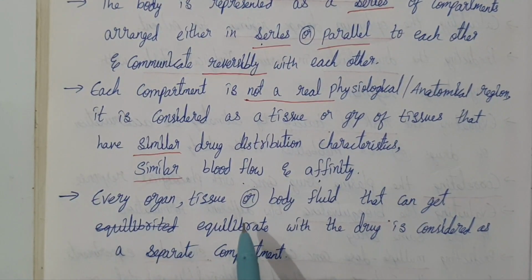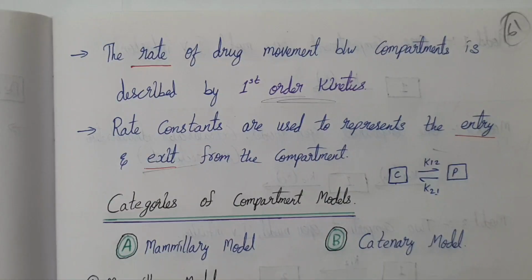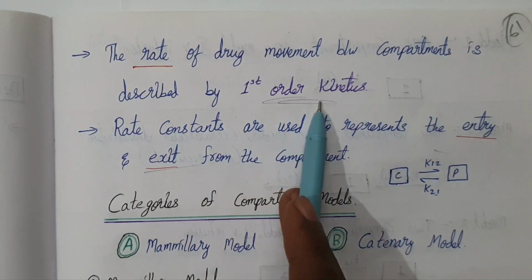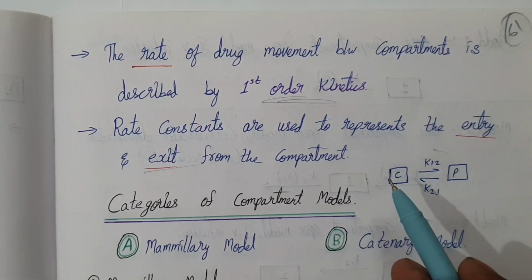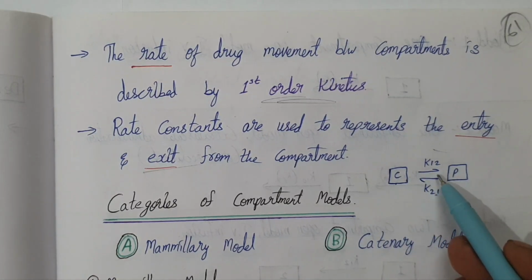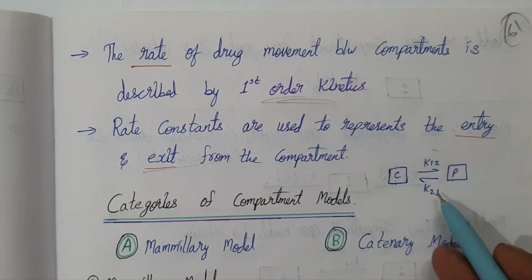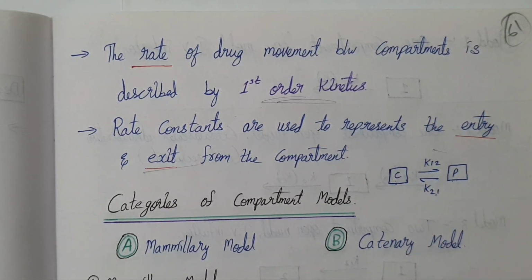Every organ, tissue or body fluid that can equilibrate with the drug is considered a separate compartment. Drug movement between compartments follows first order kinetics and is measured by rate constants such as K12 for central to peripheral compartment and K21 for peripheral to central compartment, which is the reverse.